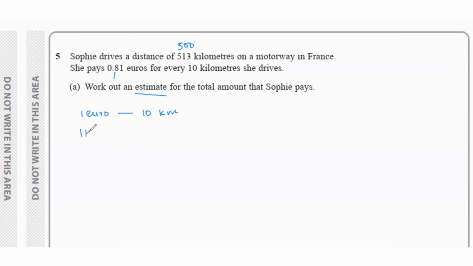So 1 kilometer will give us 1 over 10 euros. And 500 kilometers will be 500 times 1 over 10, which is 50 euros.